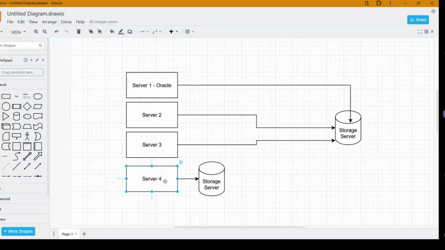But if I have server 4 where Oracle is installed here, this is considered hard partitioning because no other servers are accessing this storage.